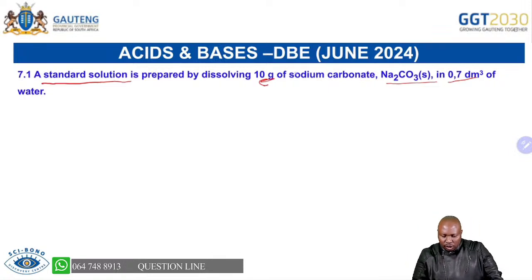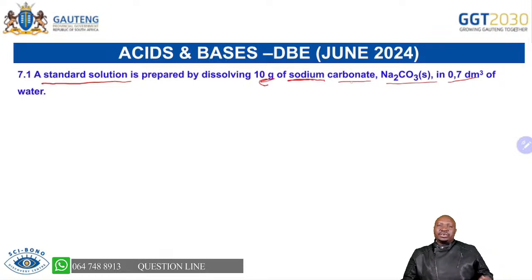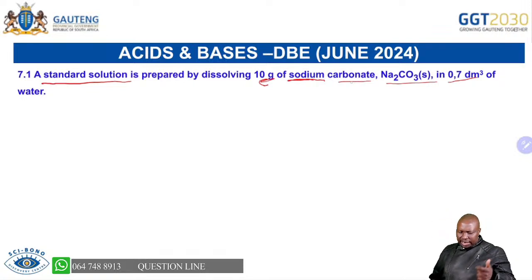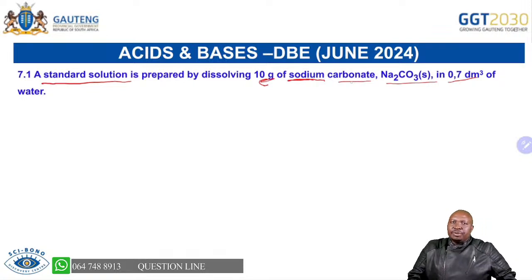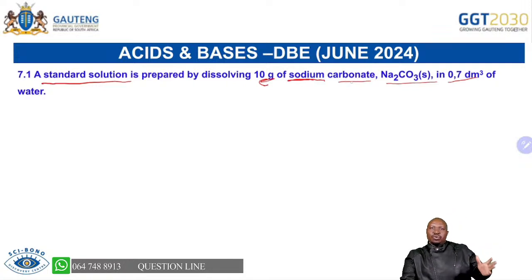And the salt we're talking about is sodium carbonate. It's important for you to always ask yourself, this salt is formed by what? By sodium hydroxide, a strong base, and obviously a weak acid like carbonic acid. So you know that this must be a basic salt because it has a strong base, sodium hydroxide, and carbonic acid, which is in this case a weak one.